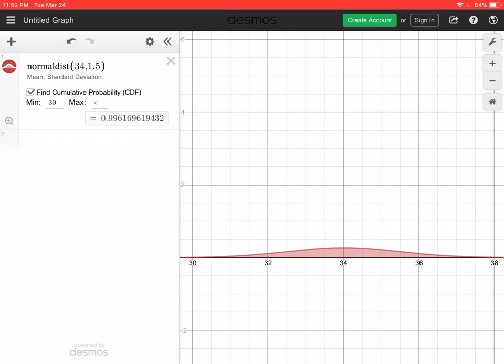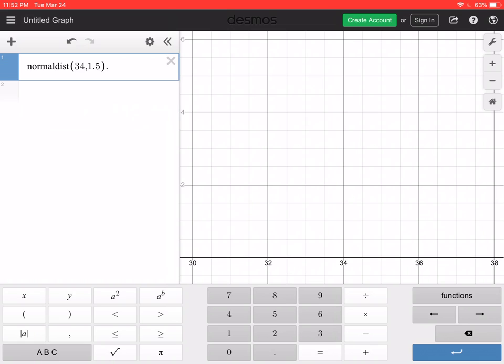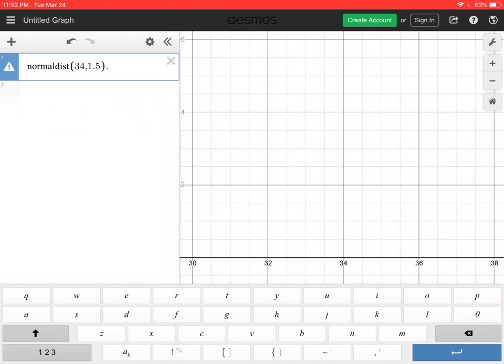So for our normal distribution, we still have normal distribution mean of 34, standard deviation of 1.5. But now, when we're looking for the z-score, if you will, for that x value, instead of just looking for the percentage, we need to do normal distribution, and then a period, and then inverse CDF.